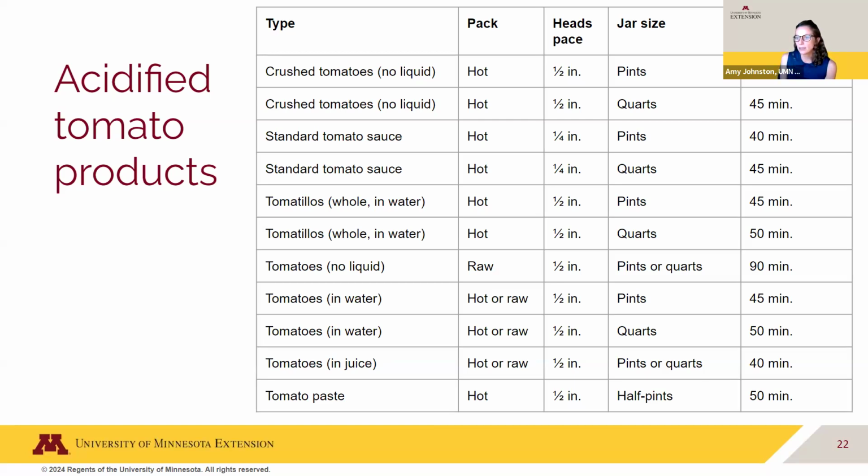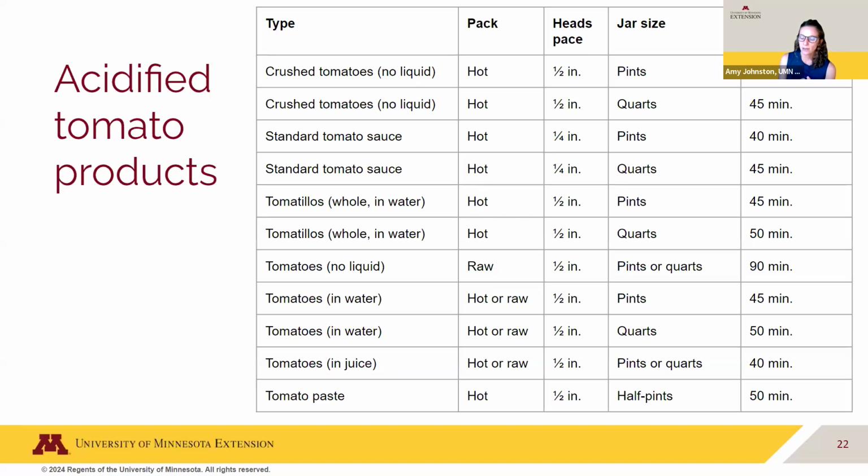Towards the bottom, there's options for tomatoes with no liquid, tomatoes in water, and then tomatoes in juice. The tomatoes with no liquid are raw packed, so it's just your whole tomatoes going into that jar. They need 90 minutes versus tomatoes that are packed in water or juice, which need anywhere between 40 to 50 minutes, depending on what liquid and the size of the jar.